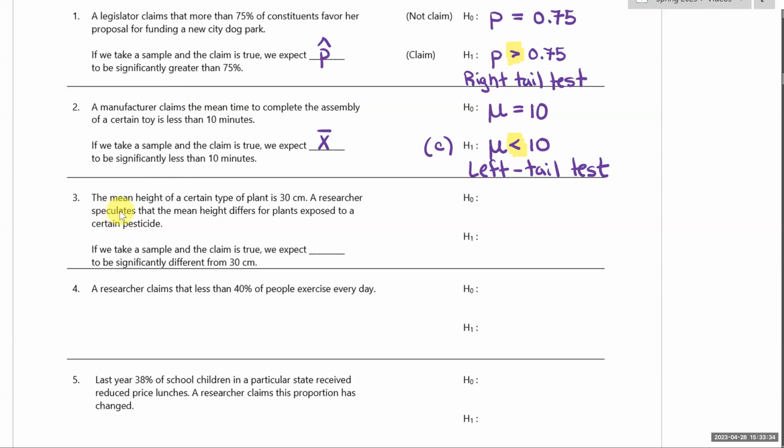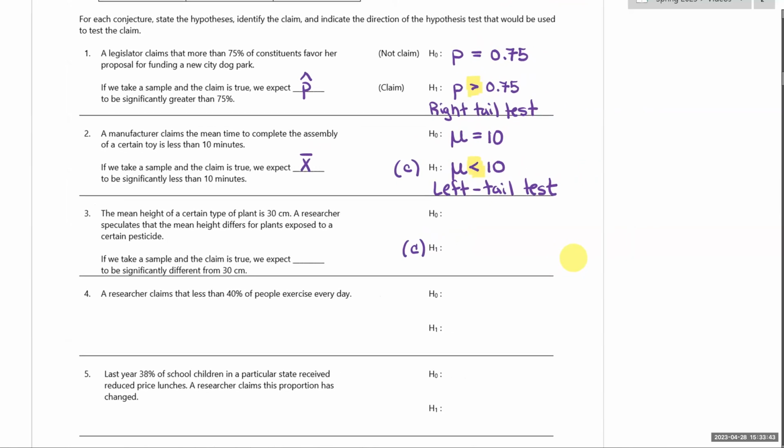So in this case, speculates, but we'll still identify that here as the claim that's being tested, or the speculation. And this is mean, so mu. All right, and they say that they think the mean is different from 30 centimeters for these plants exposed to a pesticide.